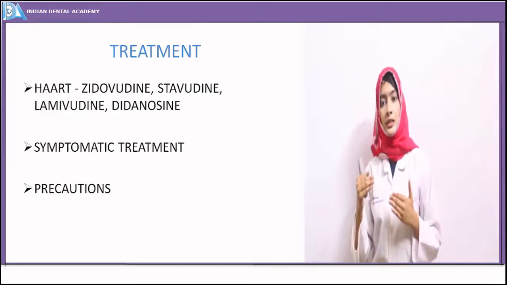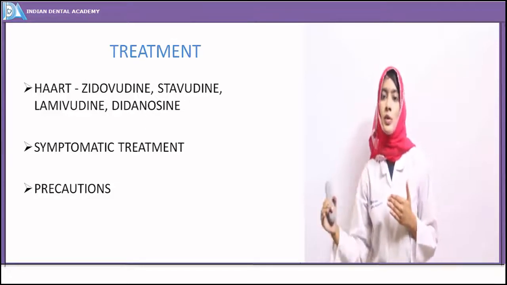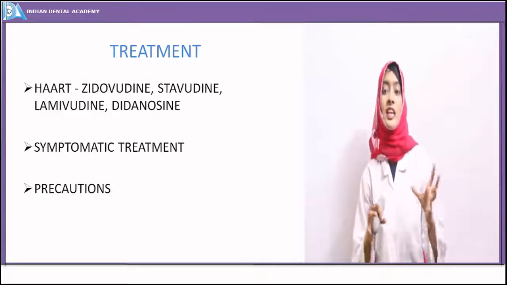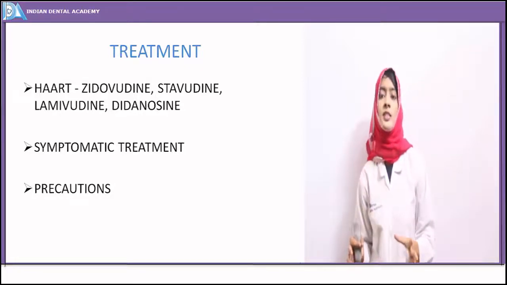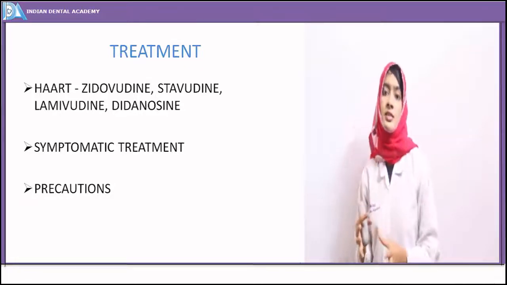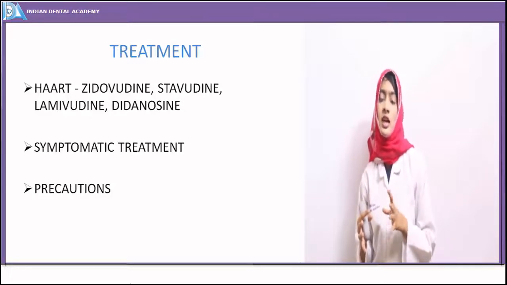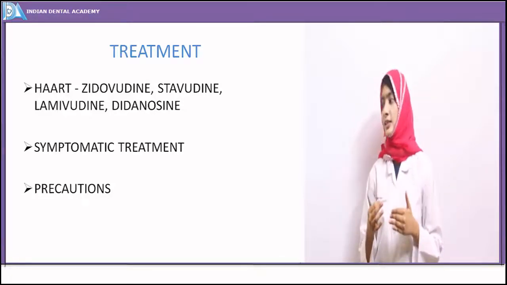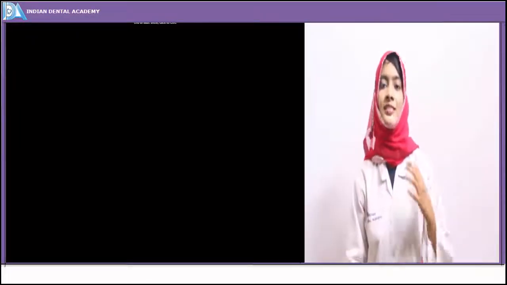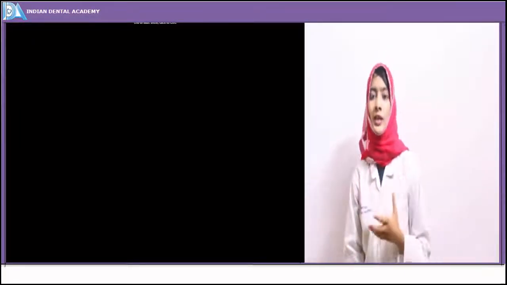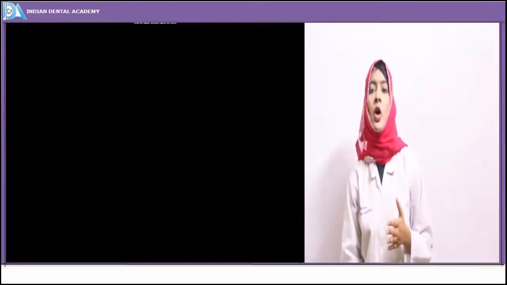About 10 to 12 years after HIV infection, the patient develops severe immunocompromise and severe AIDS, opportunistic infections are seen, and usually death occurs. So that's with all the viral infections of the oral cavity, major viral infections of the oral cavity.